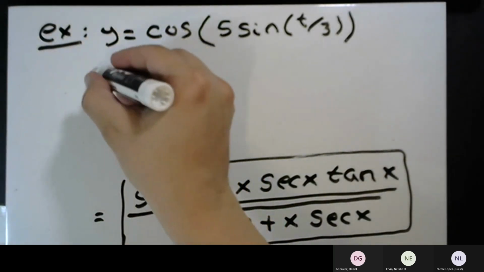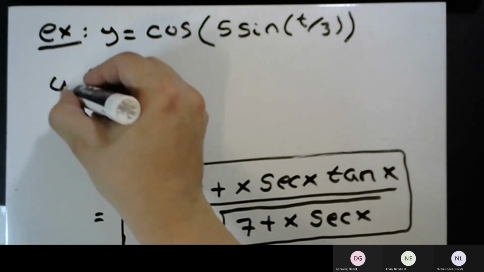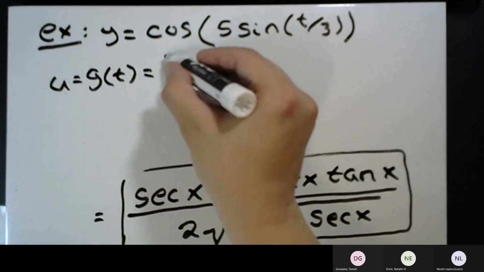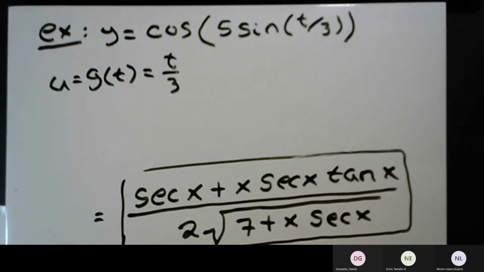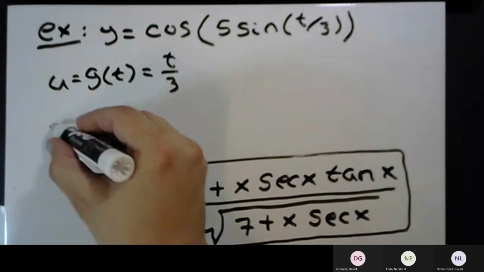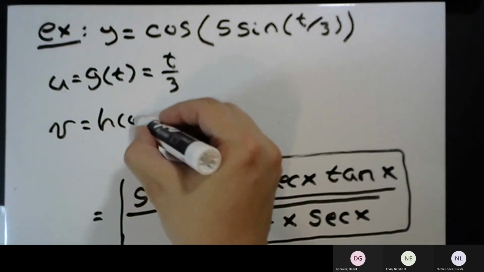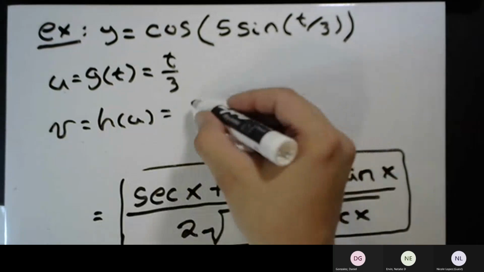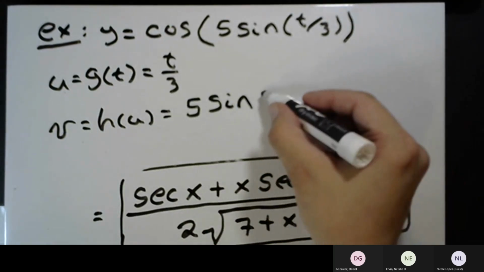So we could say like g of t, like u equal g of t, which is t over 3. And so we'll let v be h of u, which will be 5 sine of u.